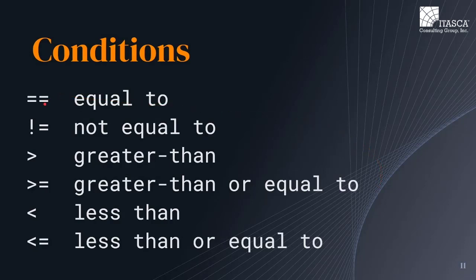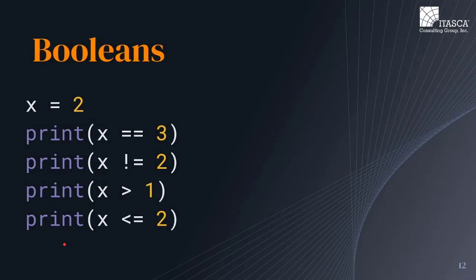Specifically, two equal signs represents the equal to Boolean condition, not equal represents not equal to, a greater than sign represents greater than, and so forth. These conditions can then be applied to data to return true or false Booleans.